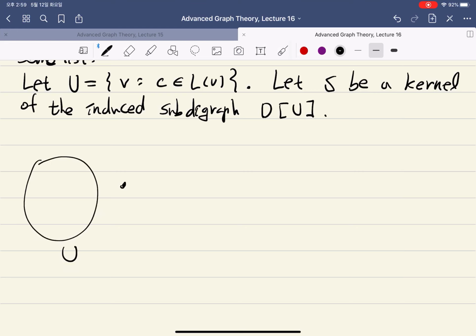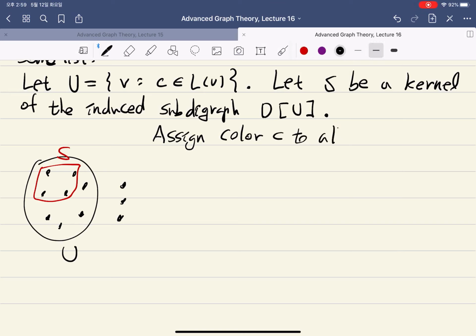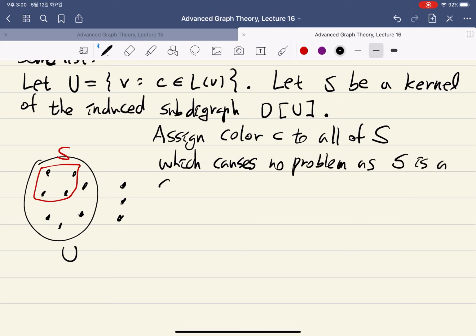We have U, and then there are vertices outside and inside, and we take a kernel S. What we do is we assign color C to all vertices in S, which causes no problem as S is a stable set.